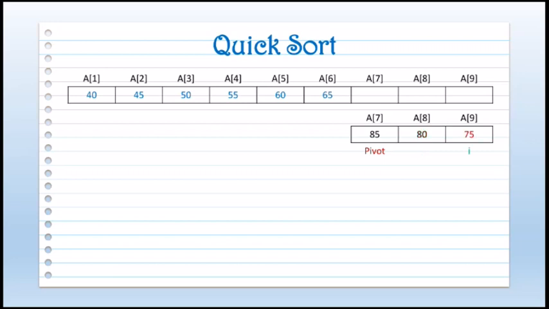Is 75 greater than 85? No, again the condition is false. So there are no elements further. So we will stop and we will exchange 85 with 75. So now we have got the position of 85 and it will be at the 9th position. So before 85 the elements are less than 85.